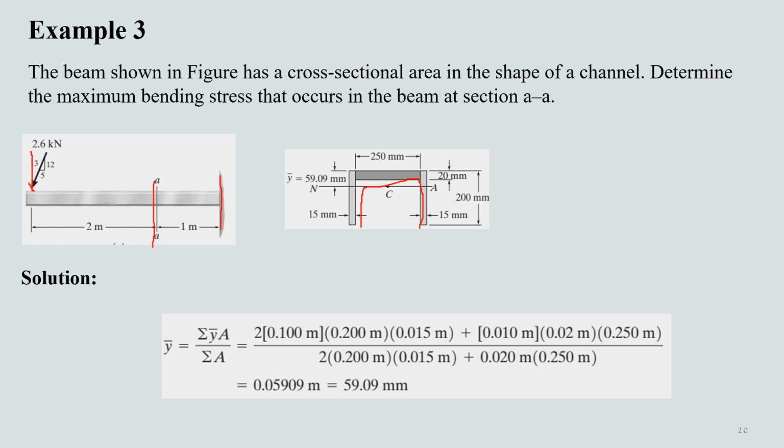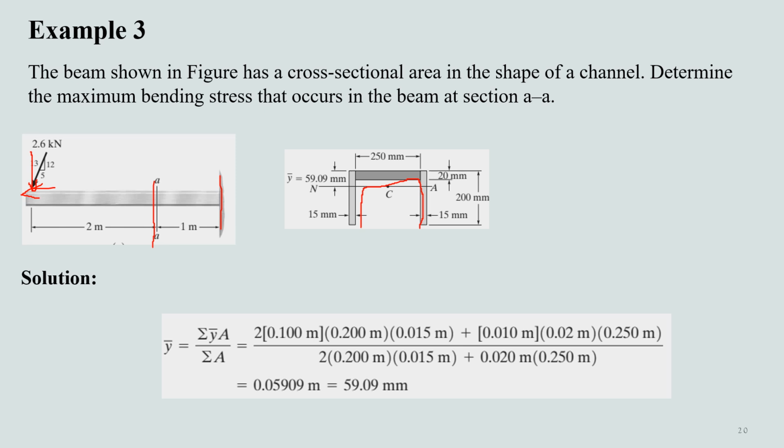Since this is a fixed beam, we can simply decompose this applied inclined force into a vertical and a horizontal force. The moment caused by this horizontal force can be neglected, and we will mainly consider the moment caused by this vertical force. But let's first consider the sectional properties of this cross section.